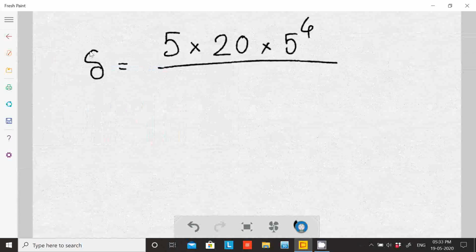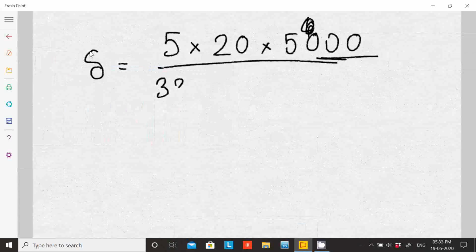Let us keep it as 1000, in mm, then 384 EI.